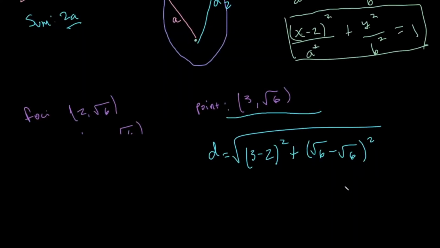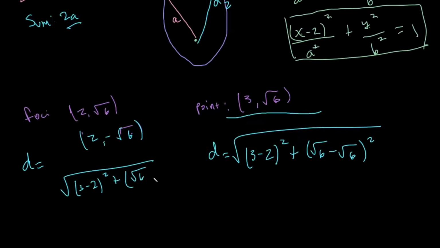That's one of the distances we need. And the other distance we need is to the other focus, 2 comma negative root 6. So the distance would be 3 minus 2 quantity squared, difference in x coordinates, plus root 6 minus negative root 6, or plus root 6 quantity squared.